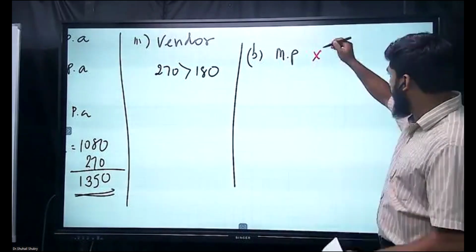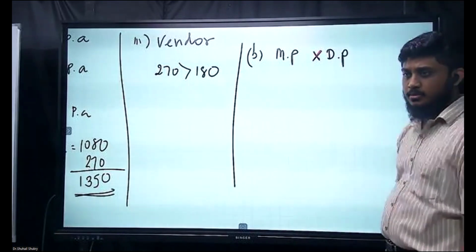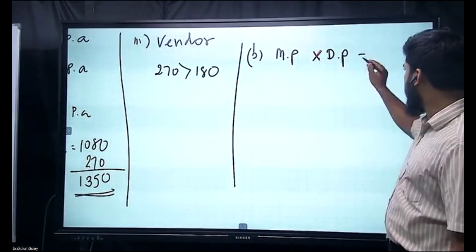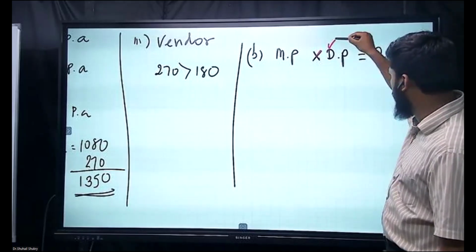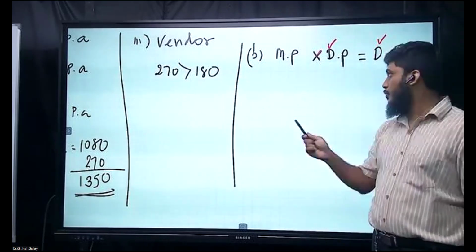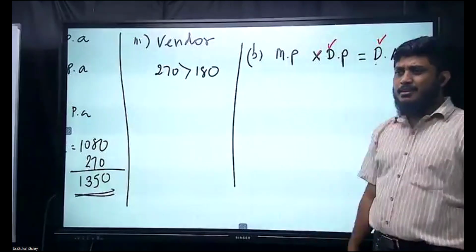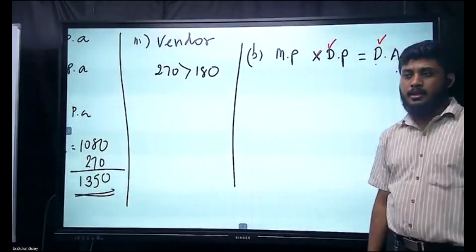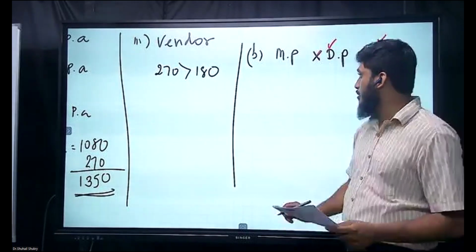Now they have said discount, so you write discount percentage. If you write discount percentage, here it should be discount amount. Remember, whatever word you use here, the same word you have to use here. If you use profit percentage, you have to use profit amount. If you use discount percentage, you have to use discount amount. Percentage questions are easy if you understand the pattern.